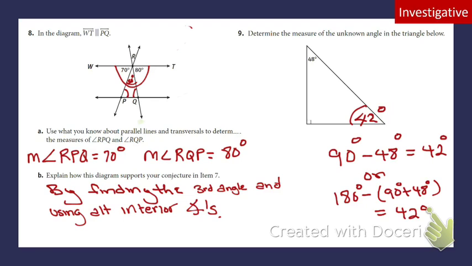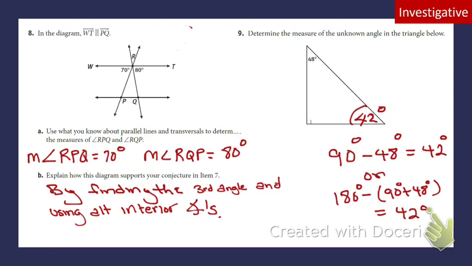Because if this is angle A, angle B, and angle C, this is also angle A, angle B, and angle C. And we will prove that when I come back on Monday. Okay? But in the meantime, you should recognize that the transversals cut two parallel lines.